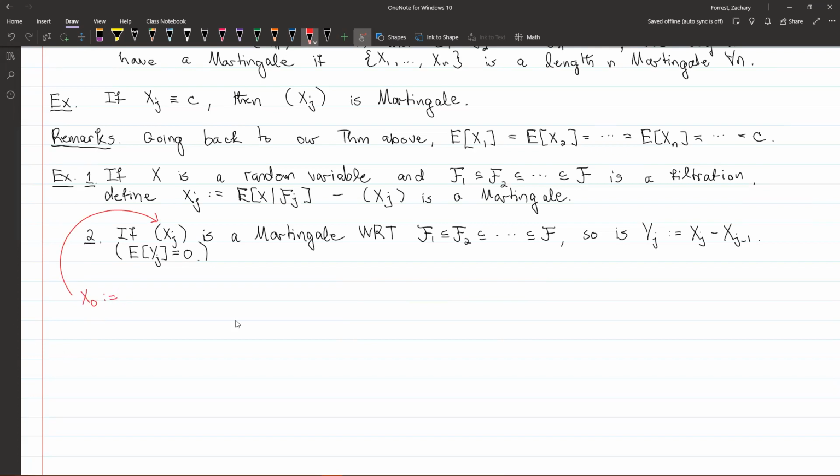We already know, and this is coming from our remark, that if I have a martingale, the expected value of each random variable in the martingale sequence is going to be a constant c. It's going to be the same thing. So what I do is I simply define x naught to be the expected value of, say, x1. Doesn't really matter which one it is because it'll be equal to all the others.